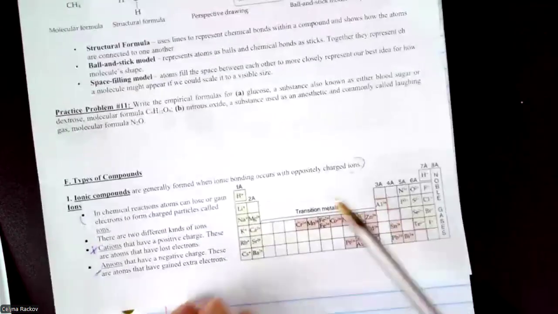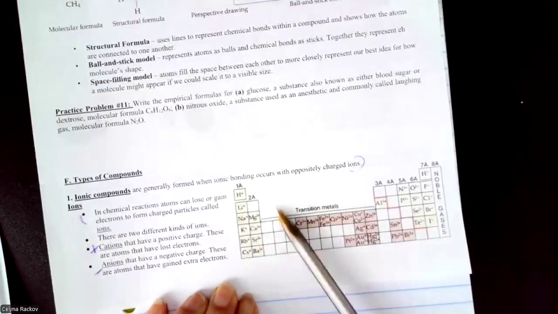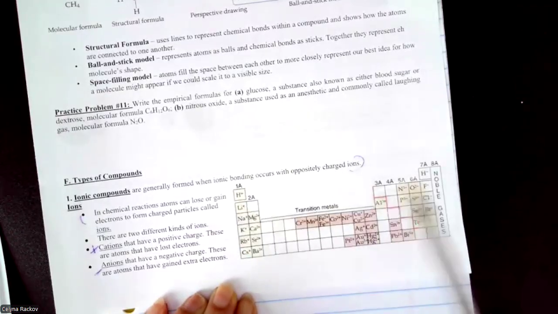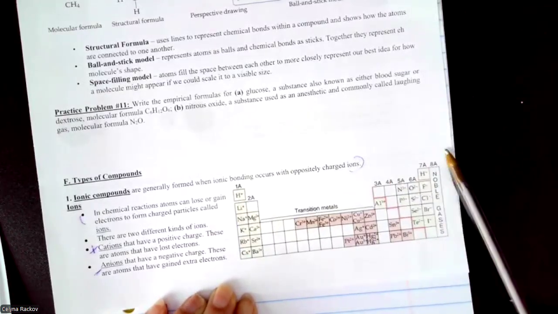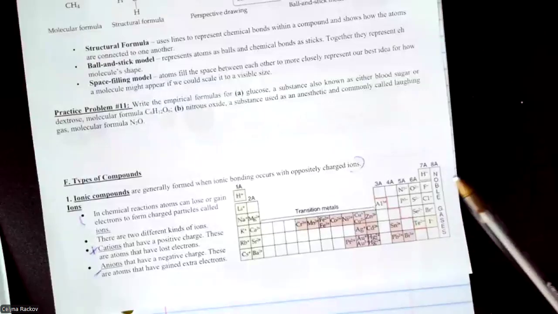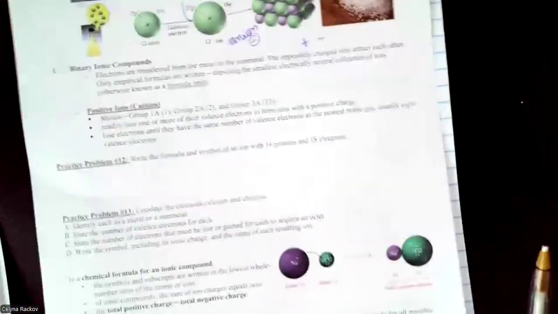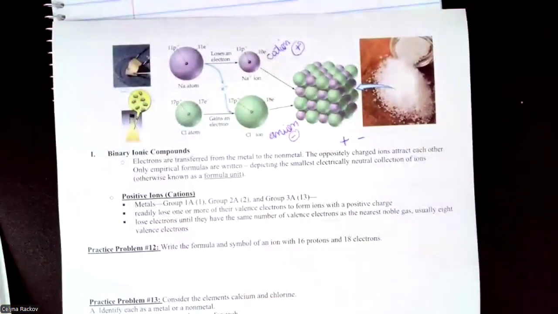So here, are you seeing this table? These ones here can become positive, and at the end, you have the ones that can become negative. For example, sodium chloride.